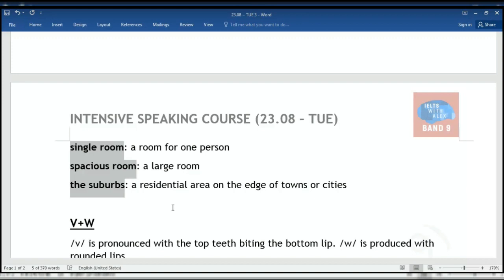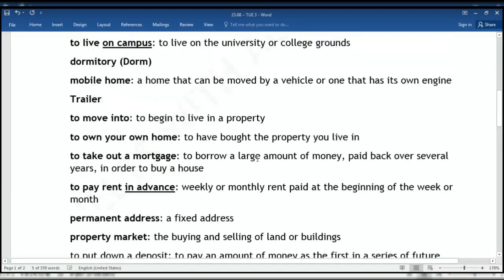The suburbs are where people live. For example, Darhan is mostly a suburban area because mostly people just live there. There's not a lot going on. Maybe a couple restaurants, a couple shops, but in general it's just for living, and that's called a suburb, usually at the edge of the town. Spacious room. Spacious just means big, and single room means you're paying only for one room. Okay, these words are pretty simple.